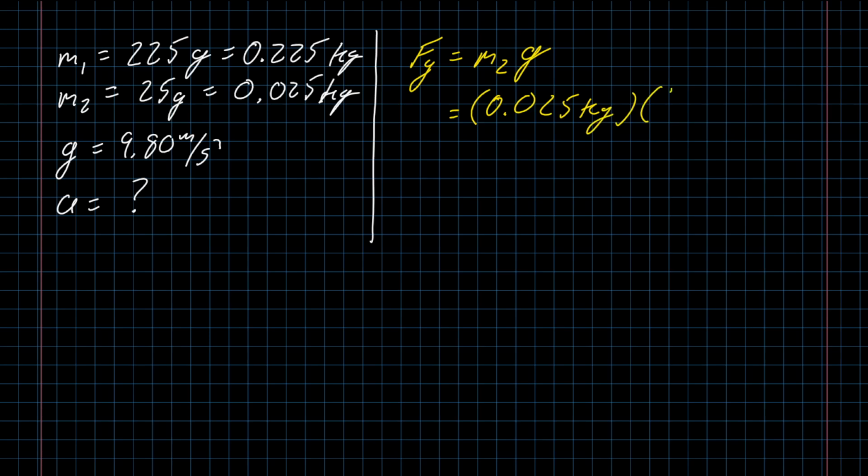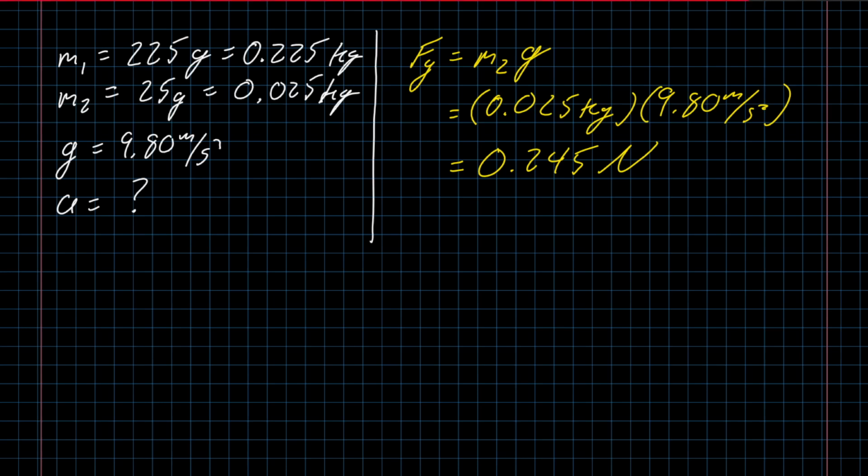Acceleration of gravity is 9.80 meters per square second. And so in total, the force acting on this is 0.245 newtons.